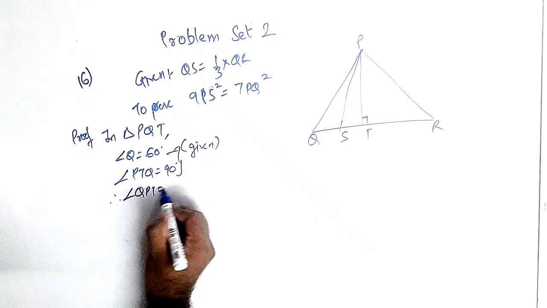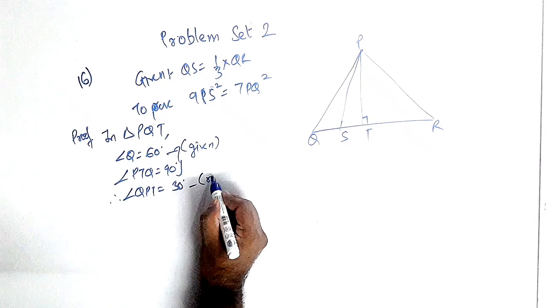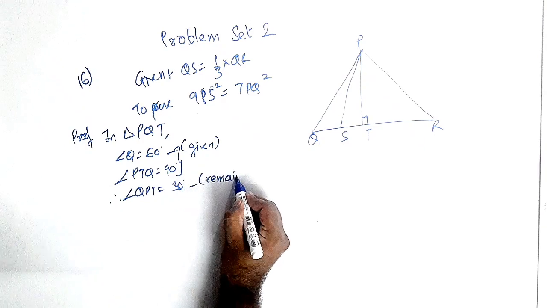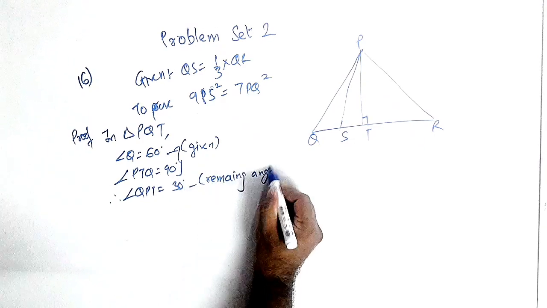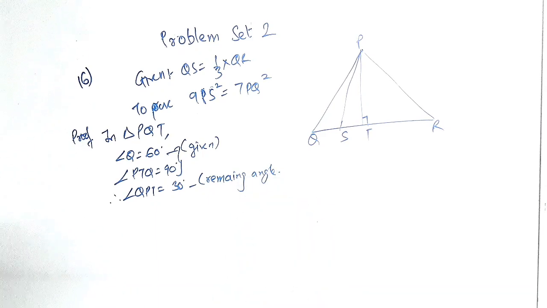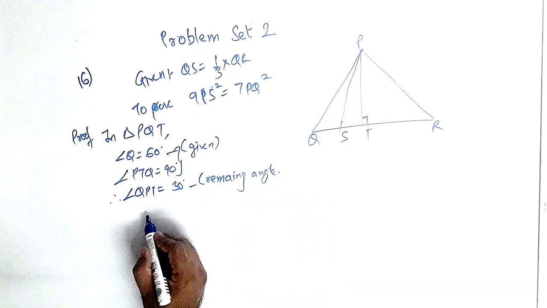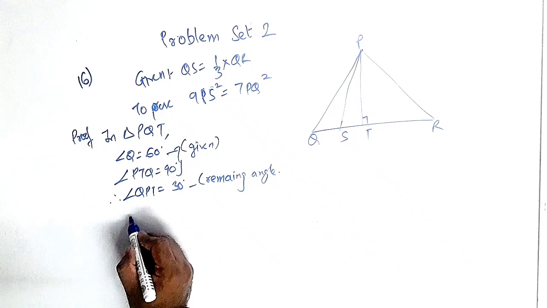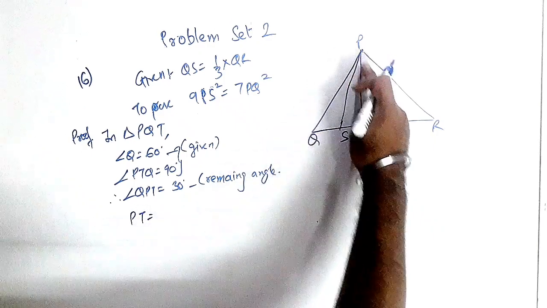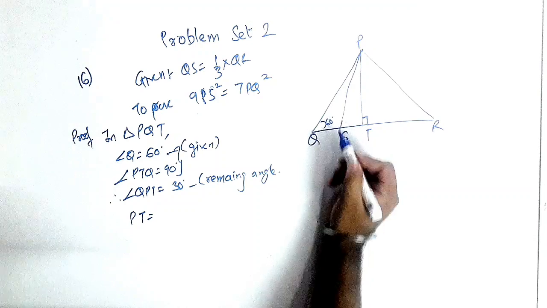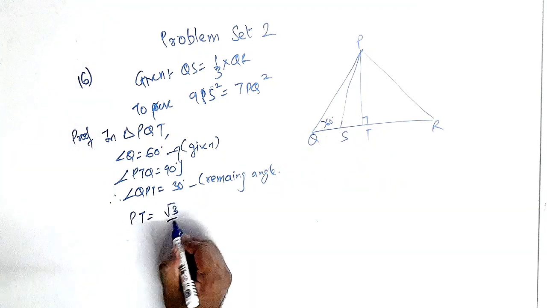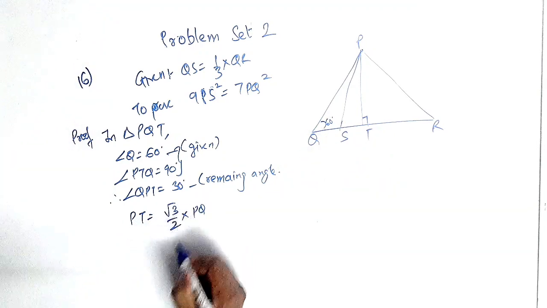Therefore angle QPT equals to 30 degree, this is remaining angle. Okay, so now I can write PT, this is side opposite to 60 degree, is √3 upon 2 of PQ.